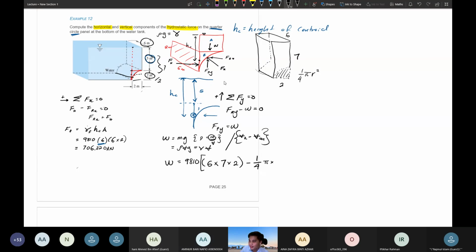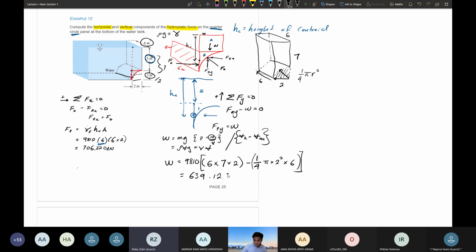Everyone, what's the value of r here? 2, Doctor, from here to here. Remember these are always the same as this r. So 2 squared, and then multiply with the 6. Okay, what's the value? 639125, Doctor. Yes, perfect.